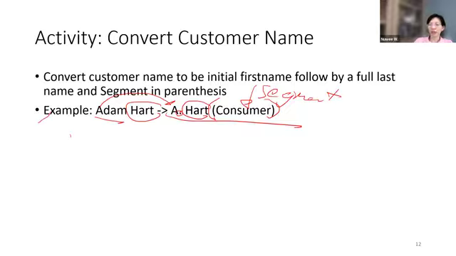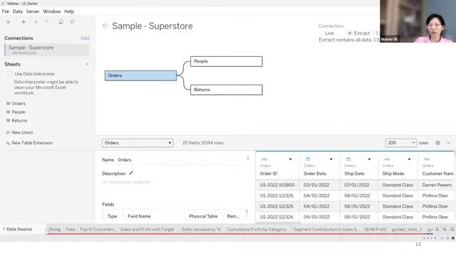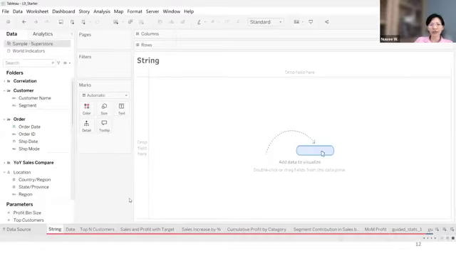So let's go to the string sheet here. I put customer name to row.